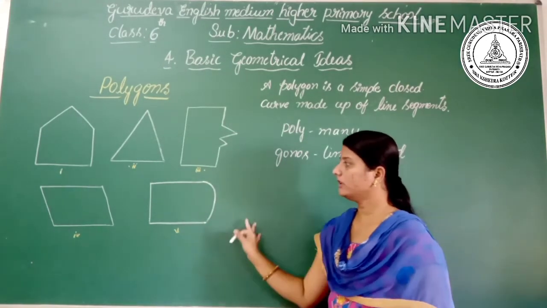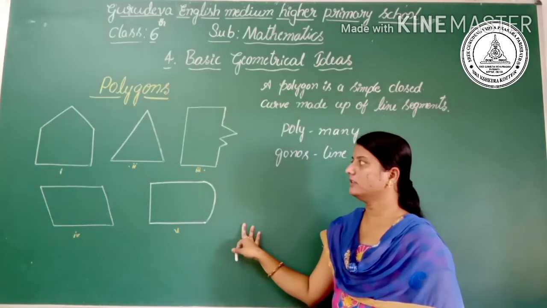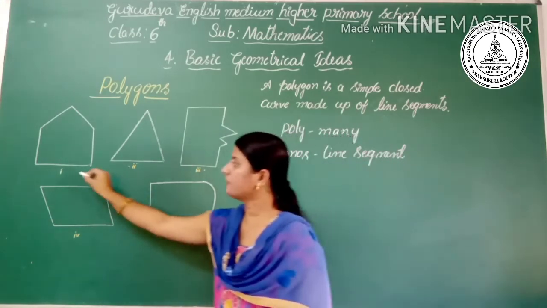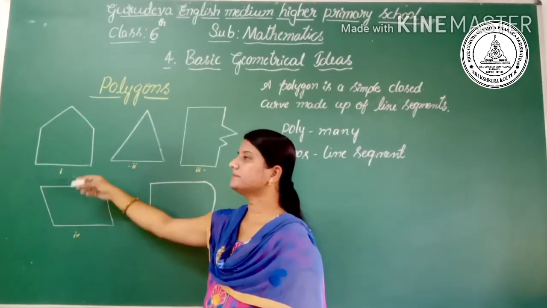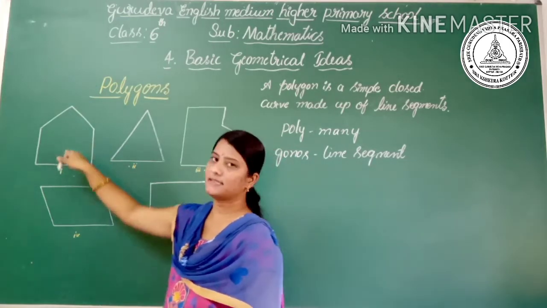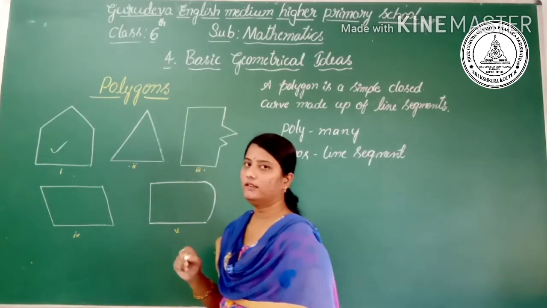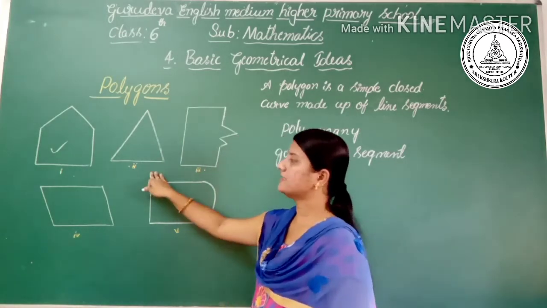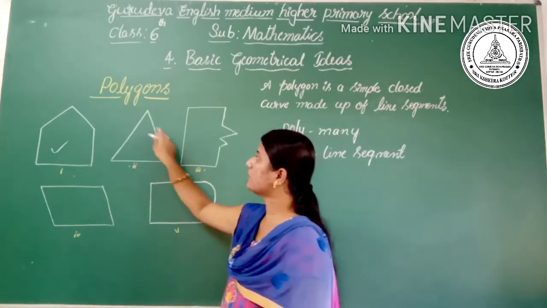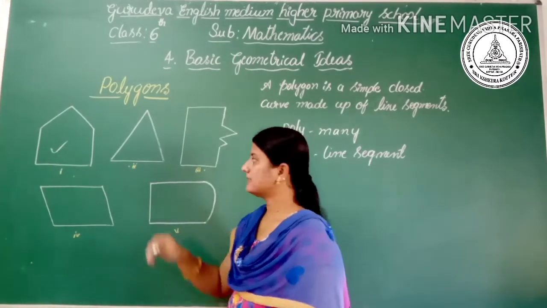Observe here, I have drawn 5 figures. The first figure is a simple curve and it is a polygon. The second figure is a simple curve and it is also made up of line segments.